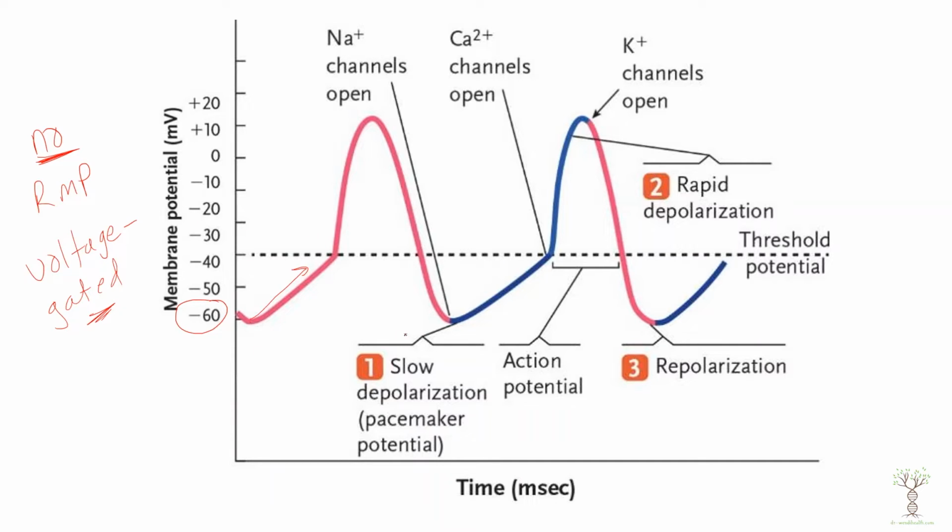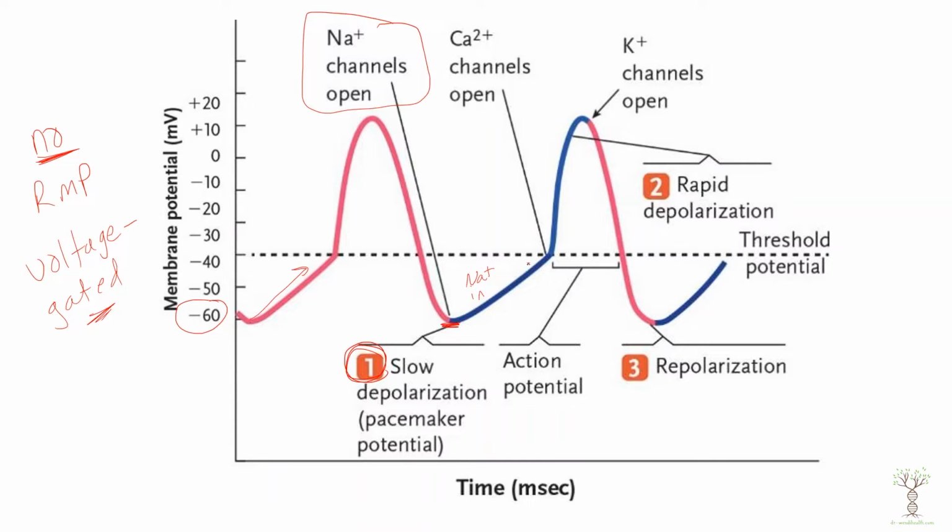So this early initial slow depolarization phase happens because sodium channels open when the charge is about minus 60. Those sodium channels open, sodium is going to move in, changing the charge of the SA node cells to positive.